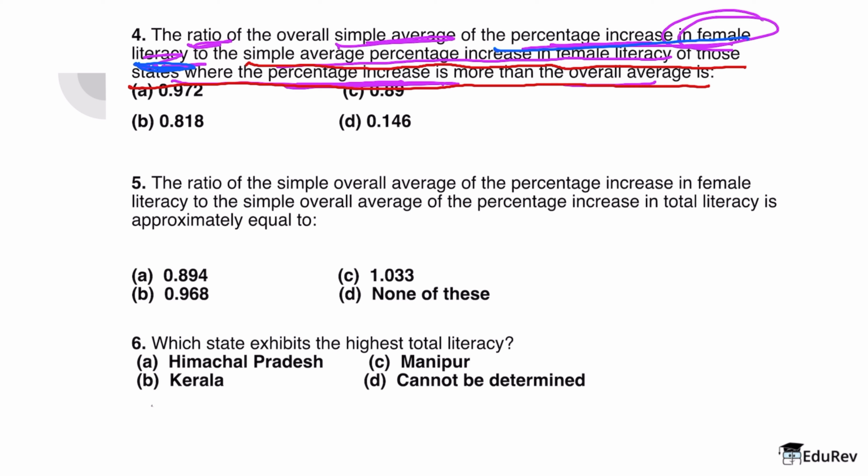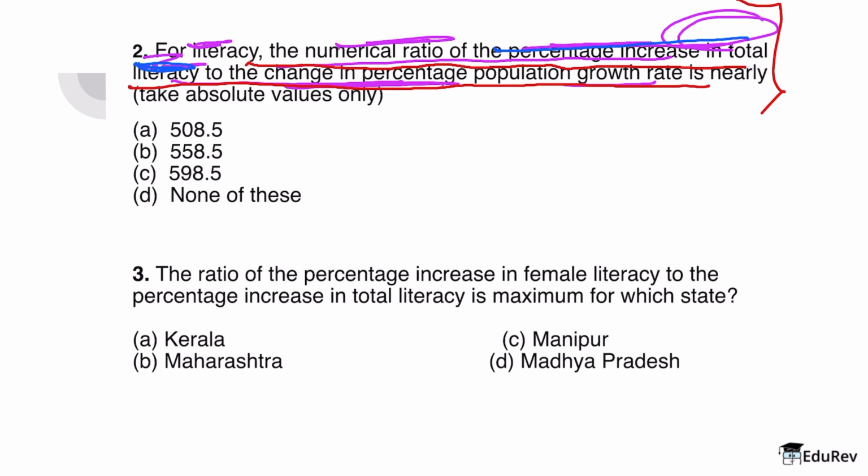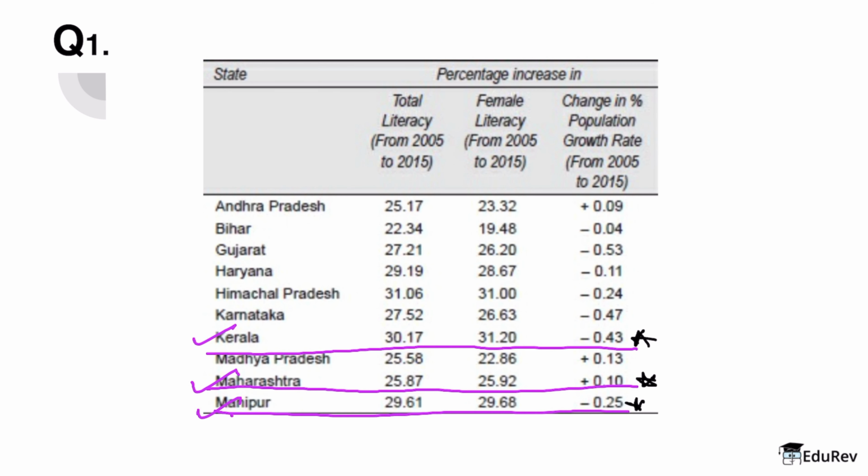In this question, you would first need to find the average of the second column, because that is what we are supposed to do. So if I go back, I need to find the average of this column.